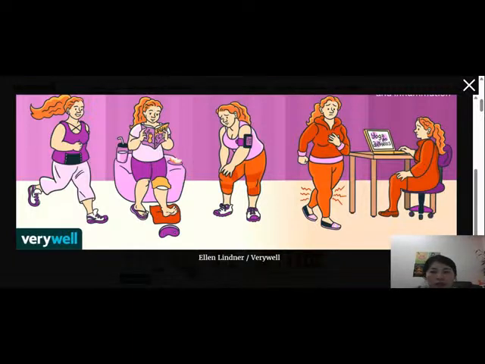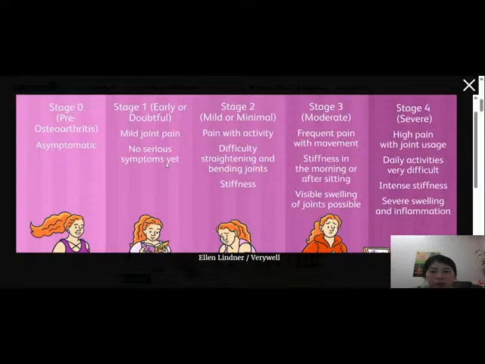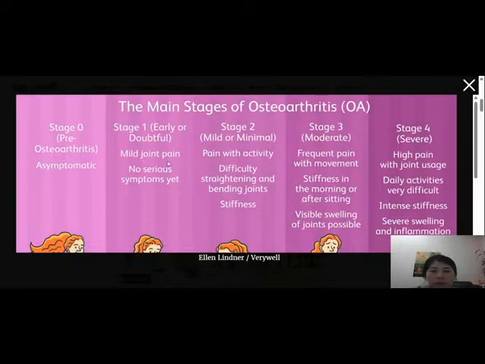And then it comes to the third stage. Oh yeah, it's a little bit different here, this photo is divided into five stages. The middle one is called mild or minimal.